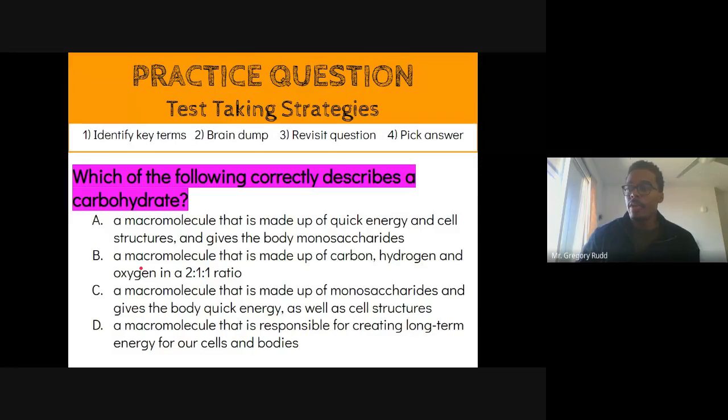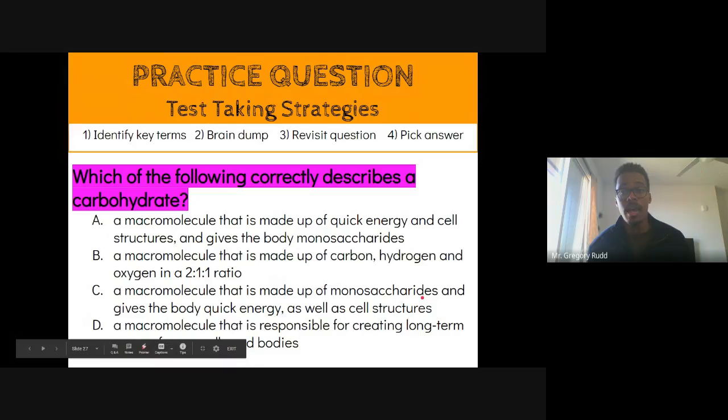Answer choice C, a macromolecule that is made up of monosaccharides and gives the body quick energy as well as cell structures. Okay, so this looks a lot like A. It's very similar to A, but we've switched some of the wording around. This time, instead of being made up of quick energy and cell structures, answer choice C says that it's made up of monosaccharides.